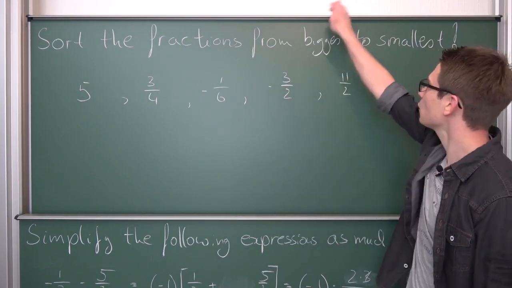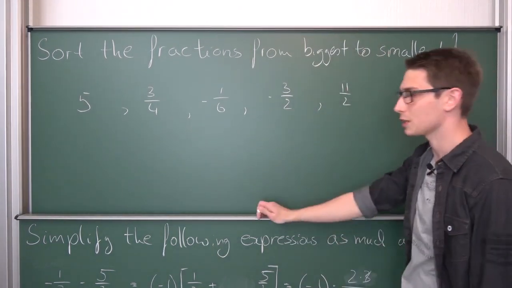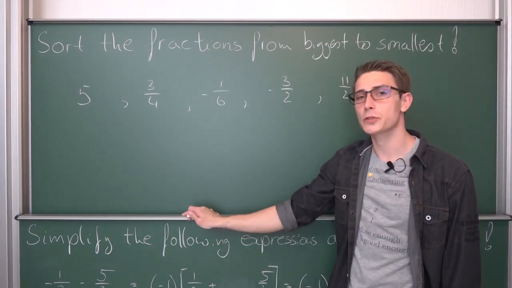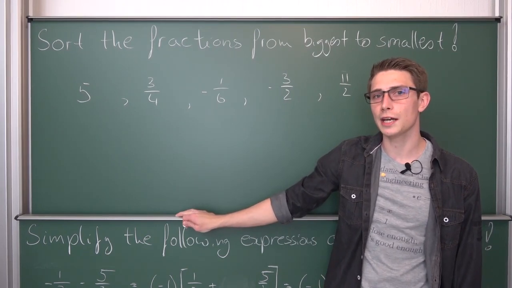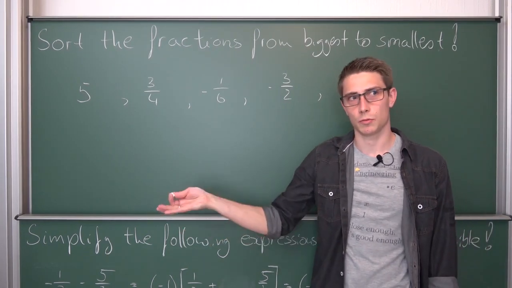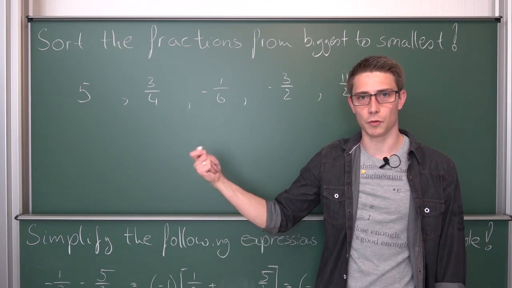Never mind. Sort the fractions from the biggest to the smallest. I know there are many strategies out there to do something like this, but we are going to go by the strategy I have proposed in the chapter about fractions.